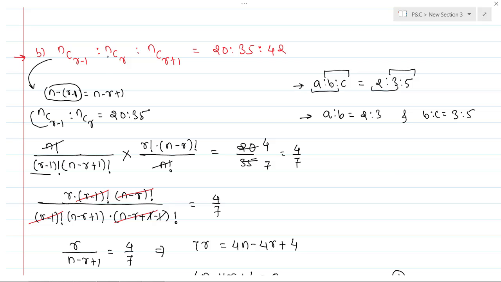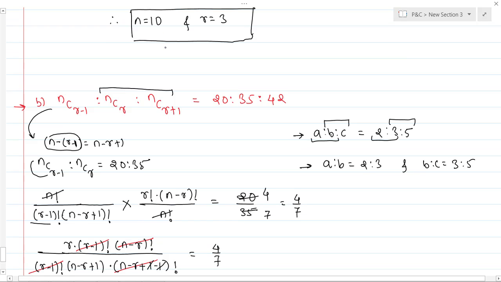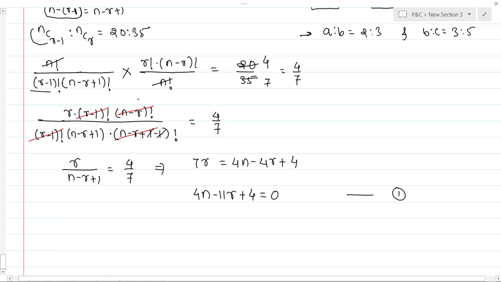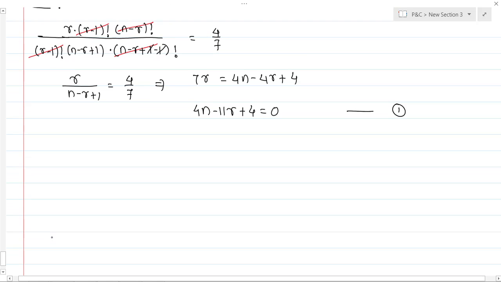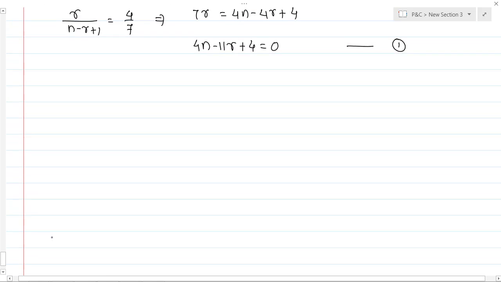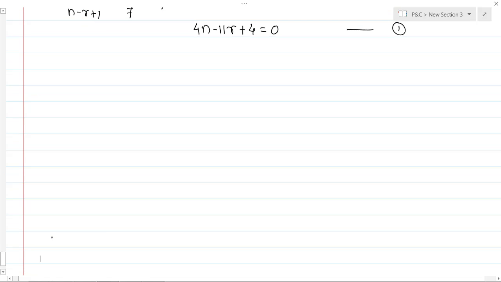So let's take the second equation now, which is nCr is to nCr plus 1, which is 35 by 42. Okay, so let's take the second ratio. You can expect this type of question in the long answer type questions, 4 marks questions.